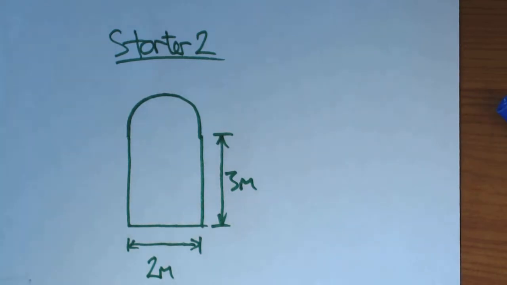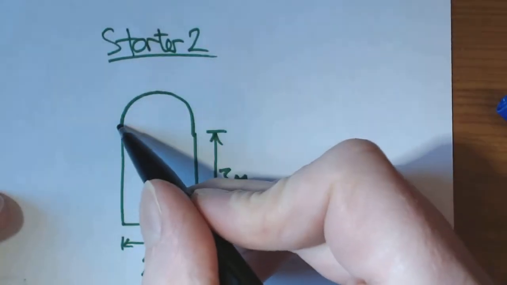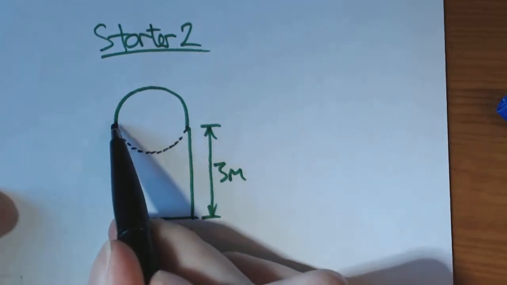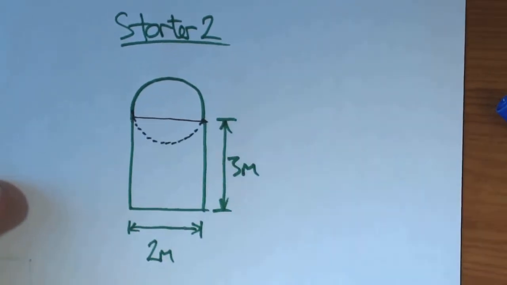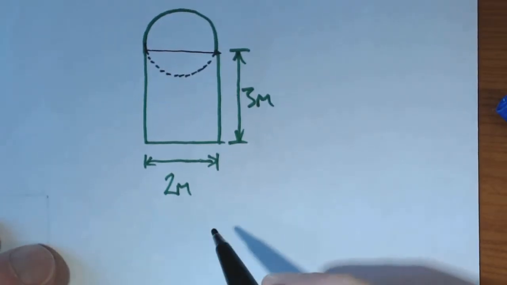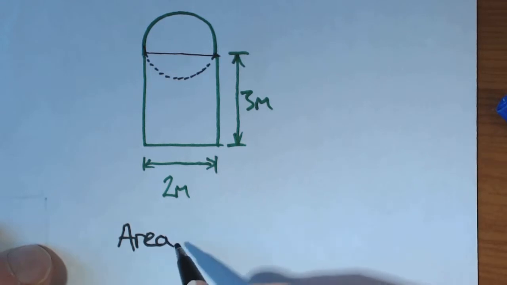Okay, so if you break the shape into these wee component elements, you'll see that this is a semicircle and there's a rectangle. Now you know how to calculate the area of a rectangle in relation to the formula that you've done before.